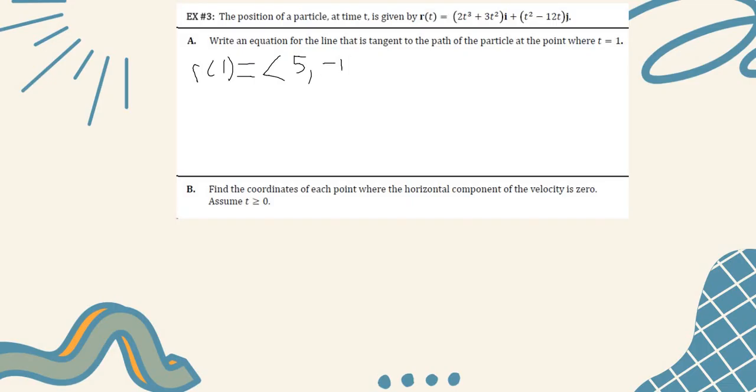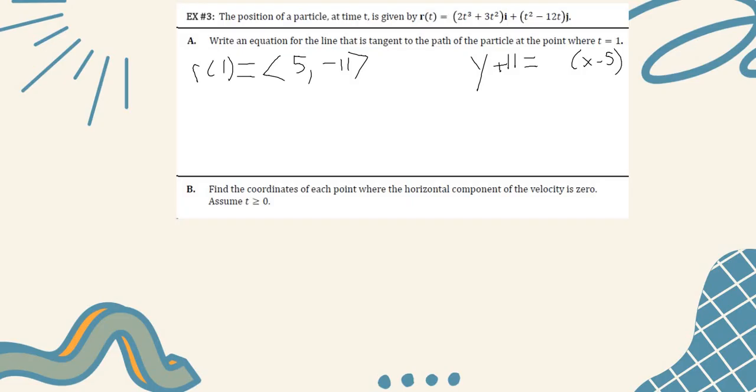Negative 11. Yes, negative. So we have the first part that we need, right? y plus 11 equals something times x minus 5. Yes? But now what are we missing?